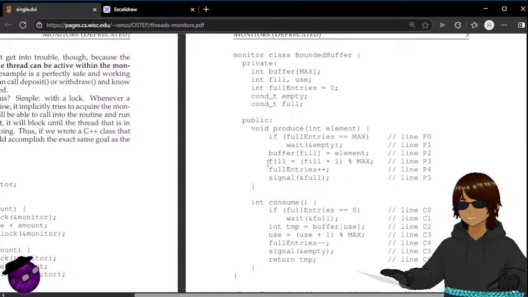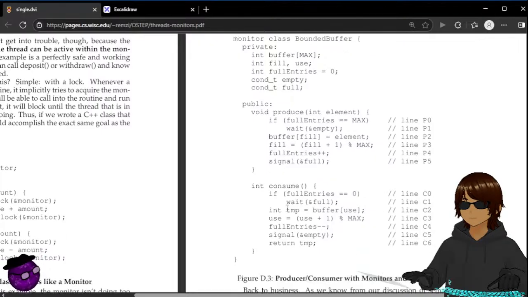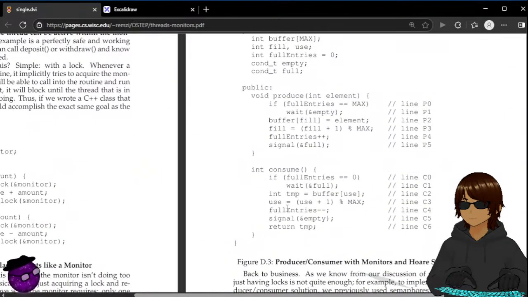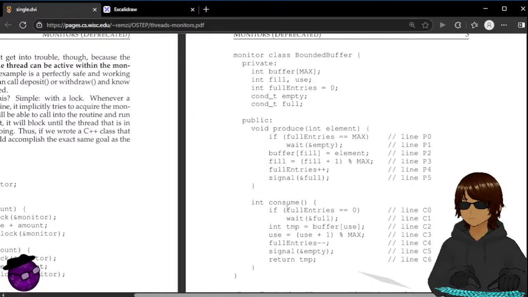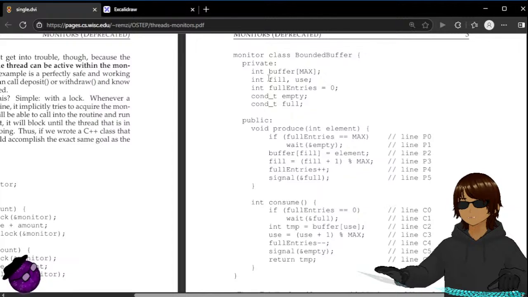But why can't we just use fill instead of full entries? I mean, it's not exactly full, it just has one element in it.